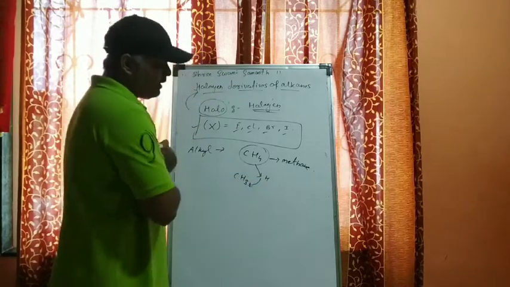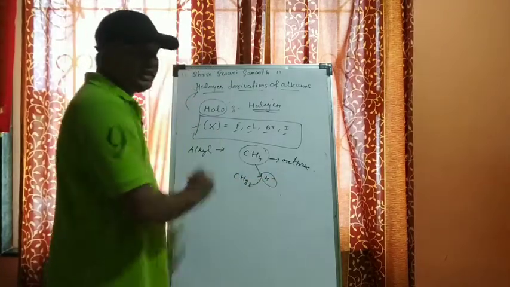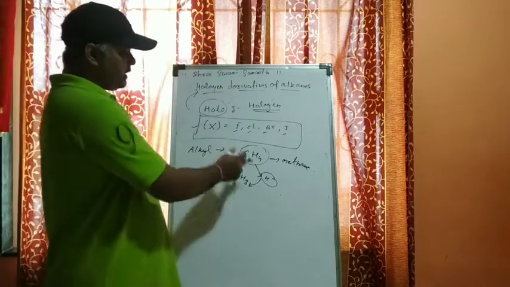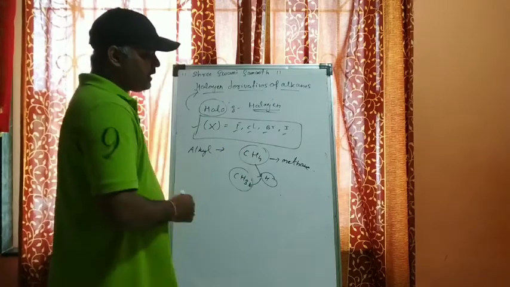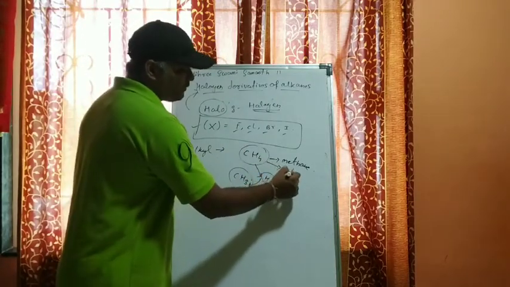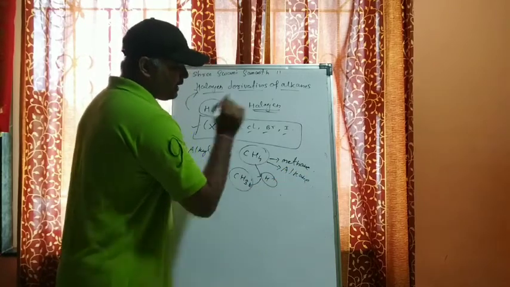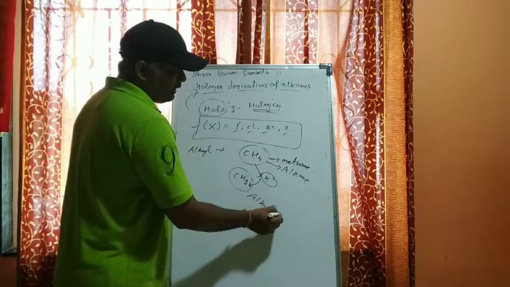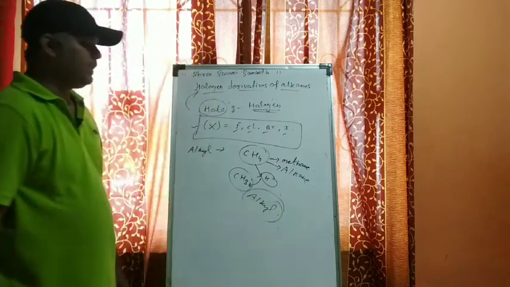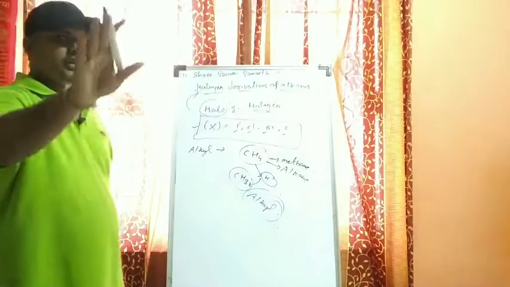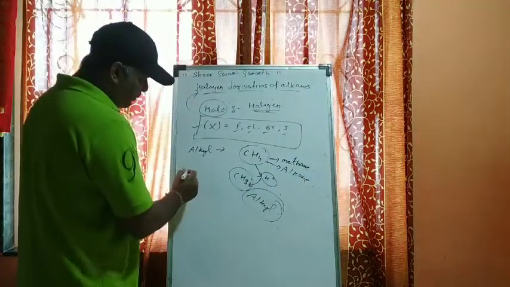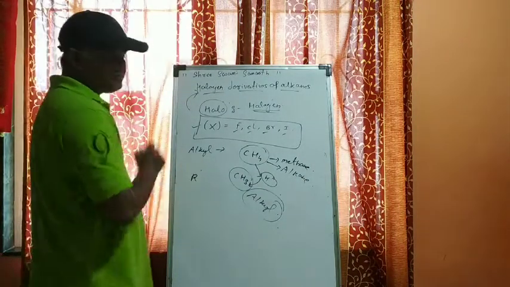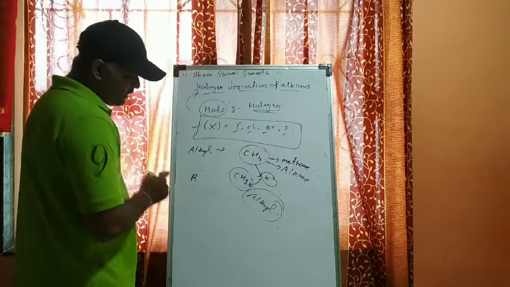If I remove one hydrogen, CH4 will get converted into CH3. Now this is an alkane getting converted into an alkyl. This alkyl group is represented by R.